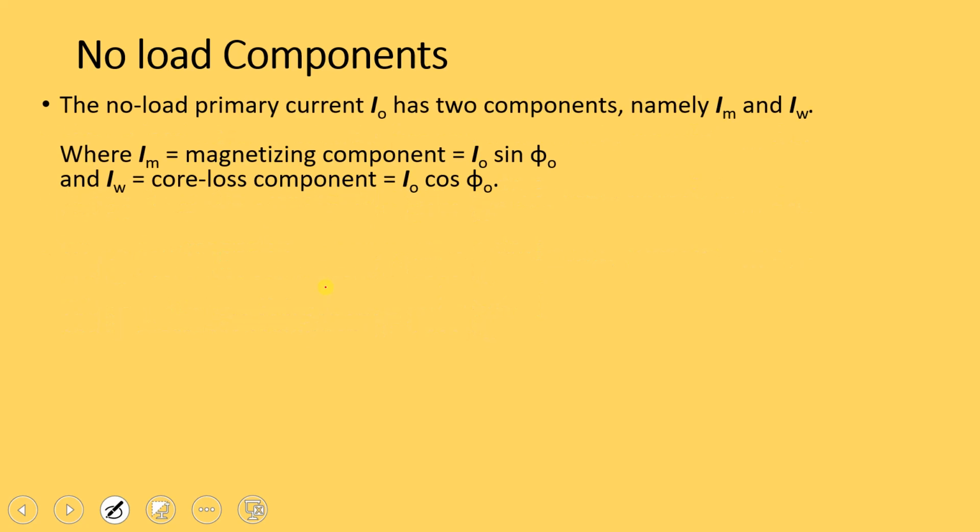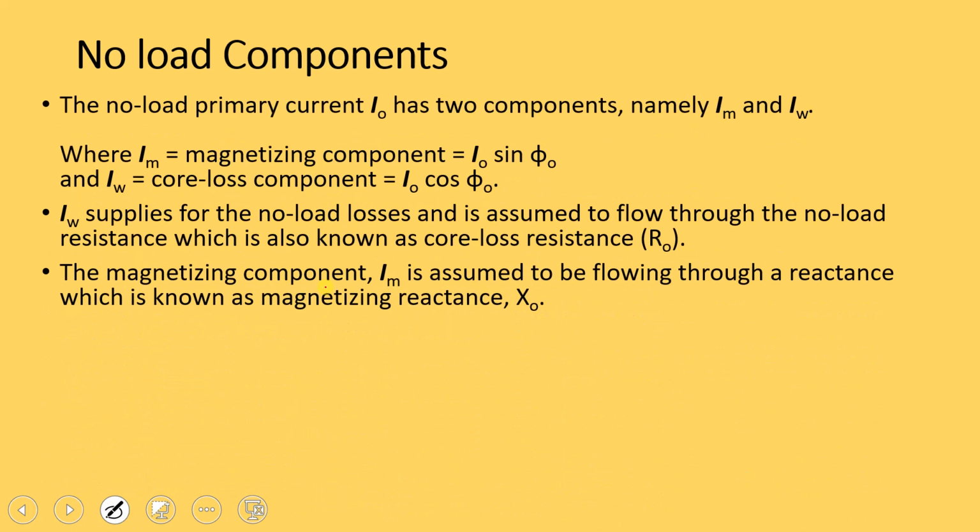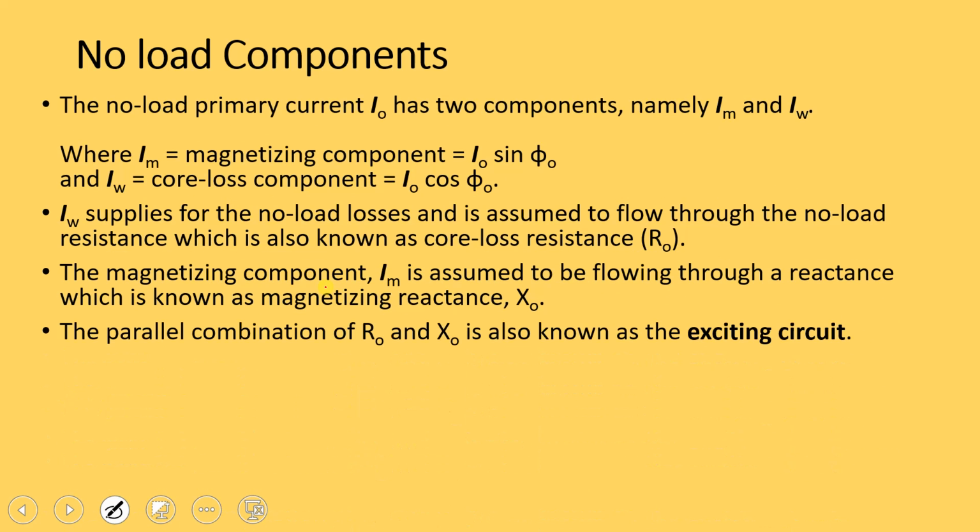Then no load components. Yeah, this is important to discuss. When we are talking about the no load current, it has two components, namely IM and IW. IM is the magnetizing component, which is given by I naught sin phi naught, and IW is the core loss component, that is I naught cos phi naught.